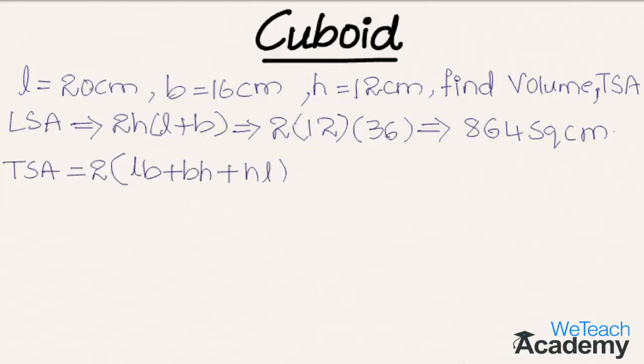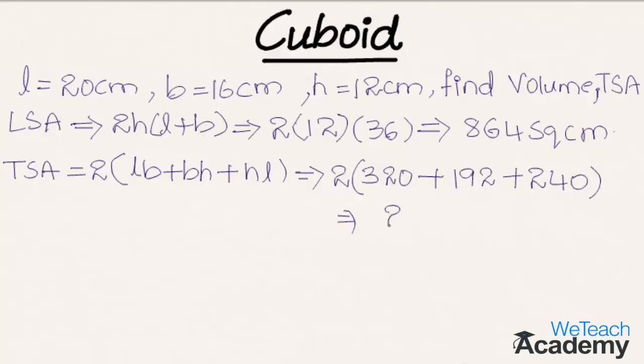Substituting all the values in the formula, we get 2 times of L into B, that is 20 into 16, which is 320, plus B into H, that is 16 into 12, which is 192, plus HL, that is 12 into 20, which is 240. So we get 2 into 752, which is the sum of these terms. By multiplying, we get the product as 1504 centimeters square as the total surface area.